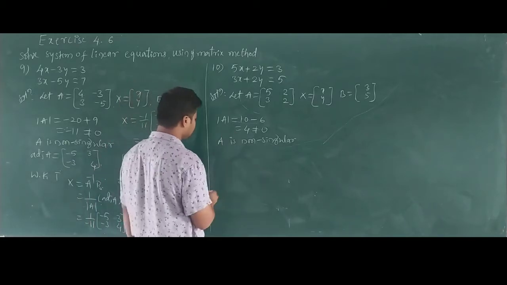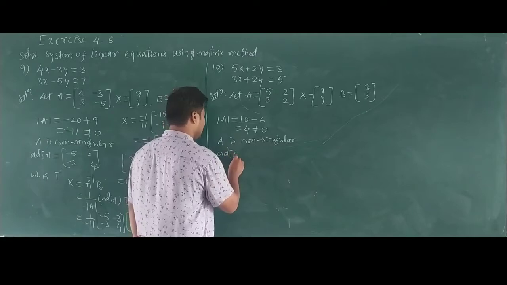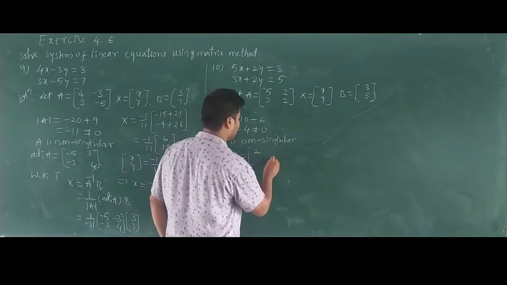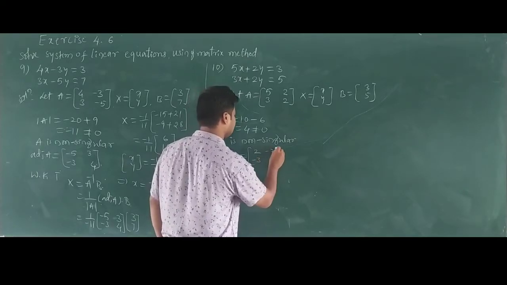Okay. Next, adjoint of A. Interchange 2 and 5, and change the sign, minus 2, minus 3.